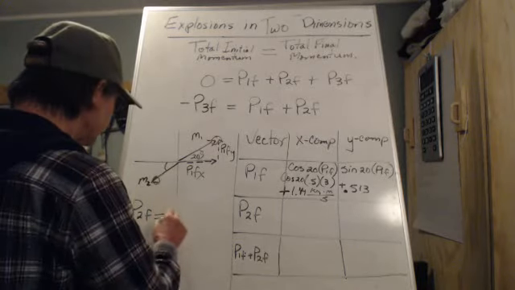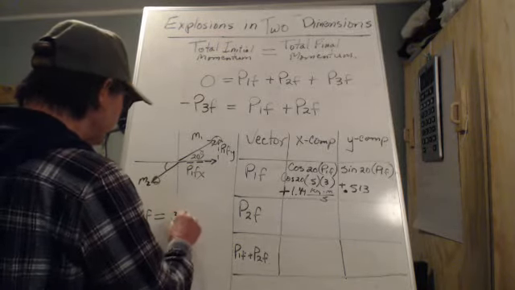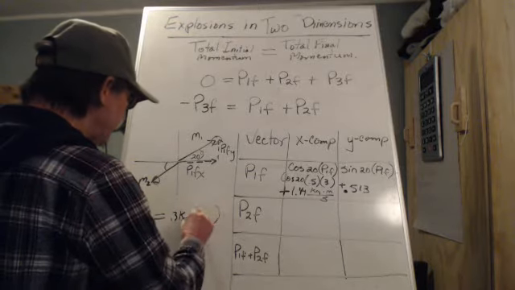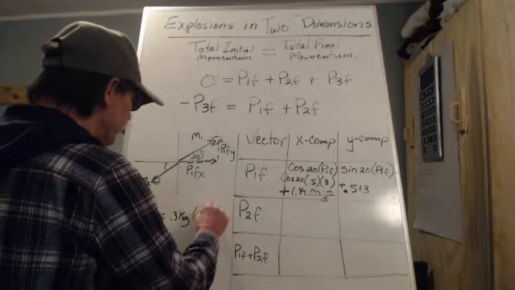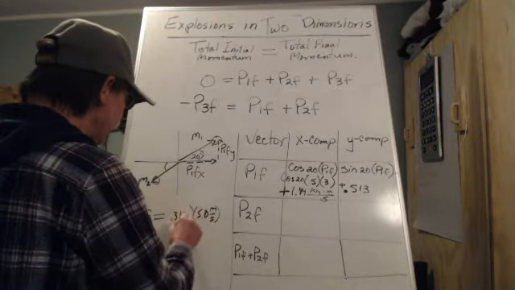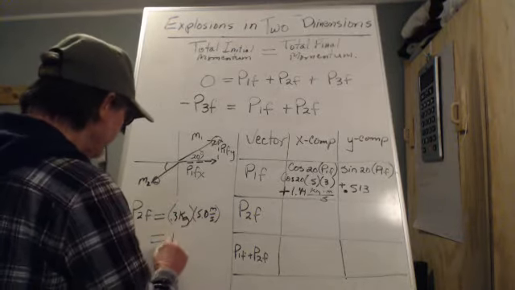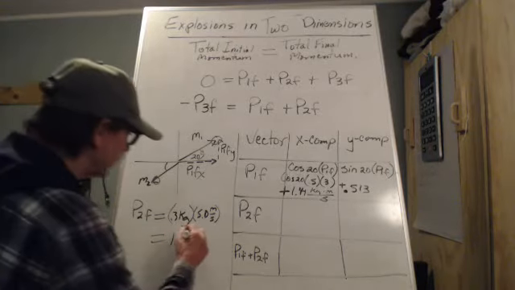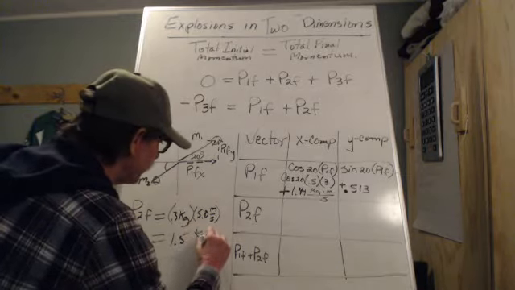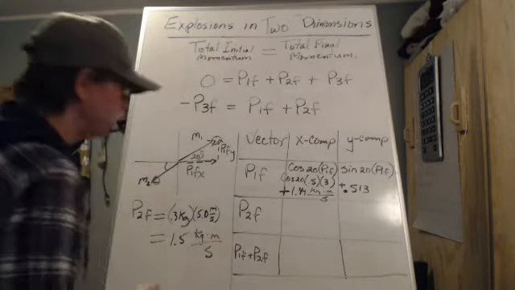So P2F is equal to 0.3 kilograms times 5.0 meters per second. And what does that work out to? Oh, that's 1.5 again. How about that? Kilogram meters per second.